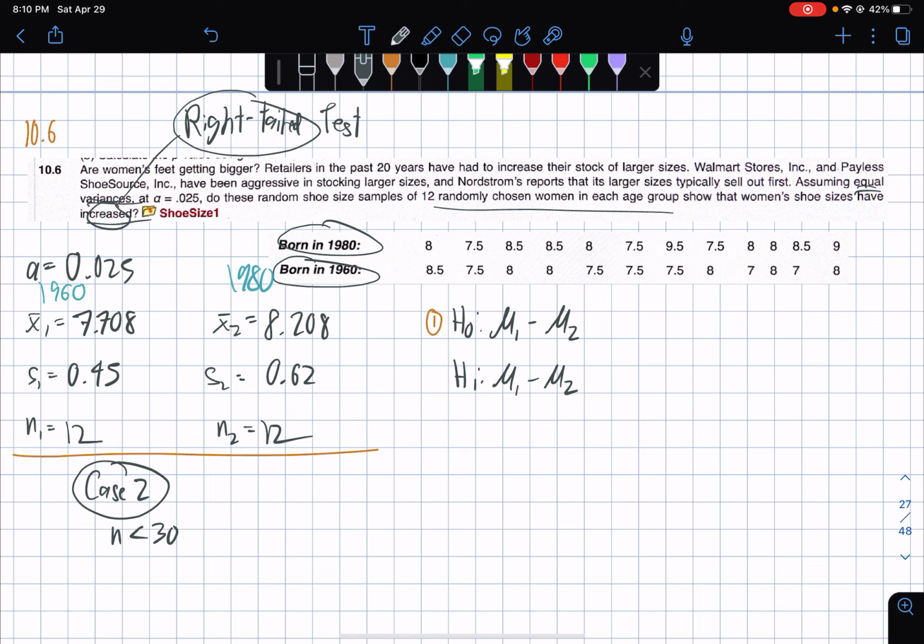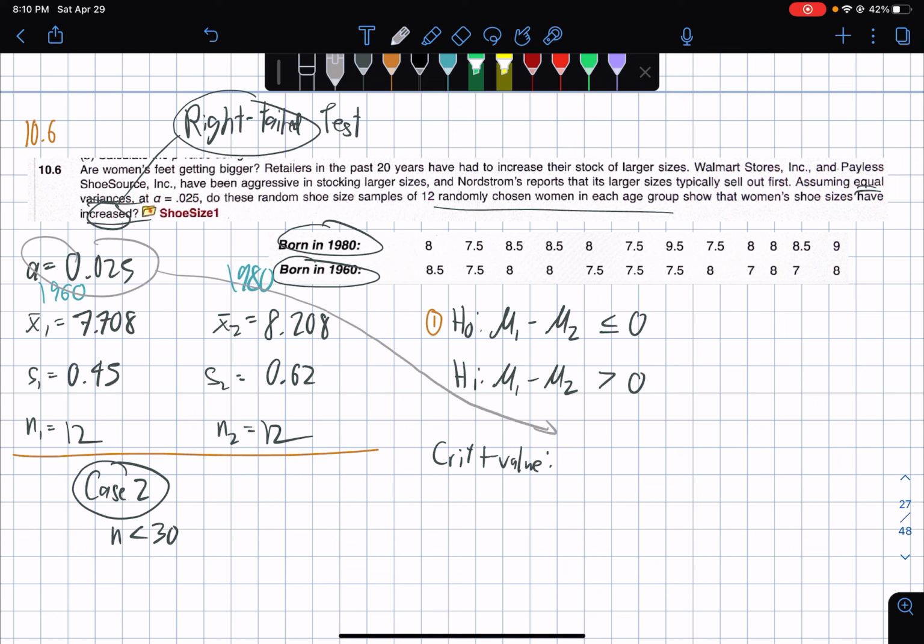So this is a right-tailed test, so we put those inequality signs and then put 0. What is our critical value? This is case 2, so a t value. We have 0.025 and it's right-tailed.